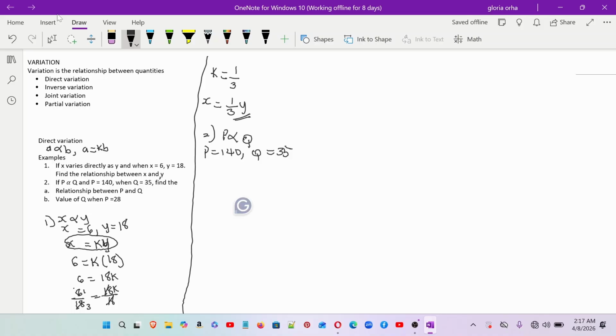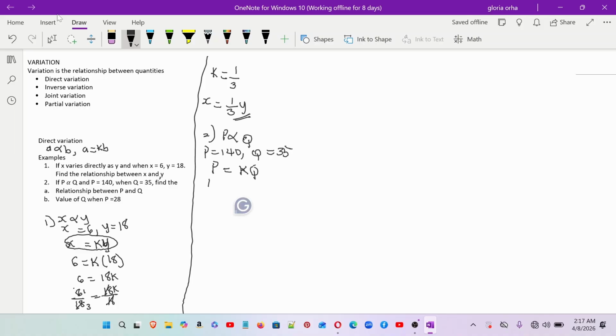A, find the relationship between P and Q. So first of all, we solve for our K, so that we can look for the relationship. Remember, this is the relationship connecting them: P equal to K times Q.